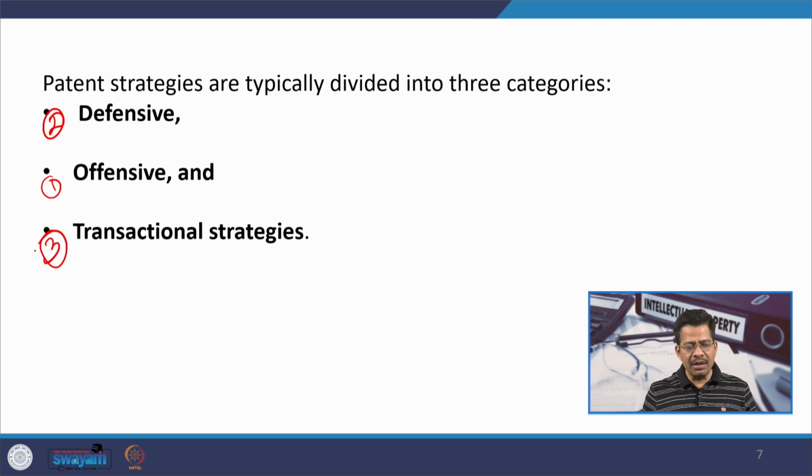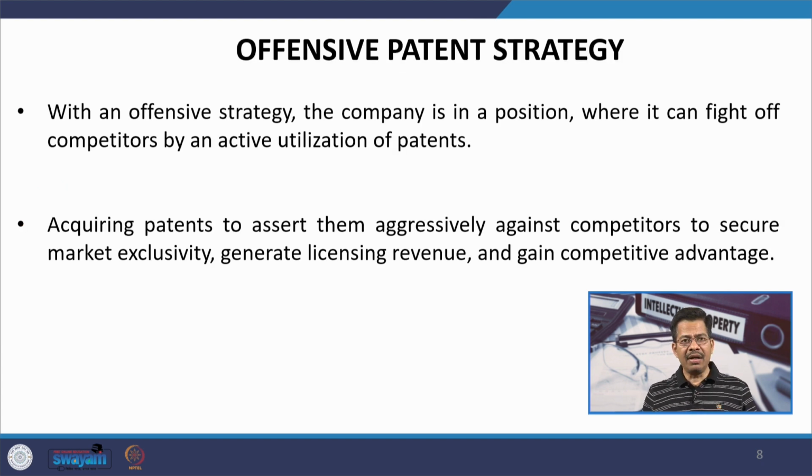Let us first discuss offensive strategy, where we are in an aggressive posture. We are in a position that we can fight with our competitors by active utilization of patents. It means I can acquire patents in a similar area from various startups and individuals, develop a big patent portfolio, and then create a position for myself that nobody can compete with me.